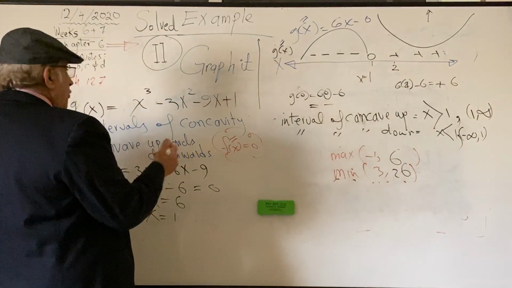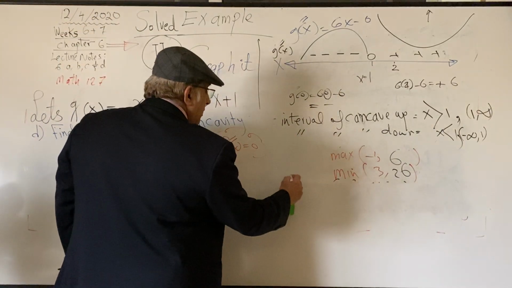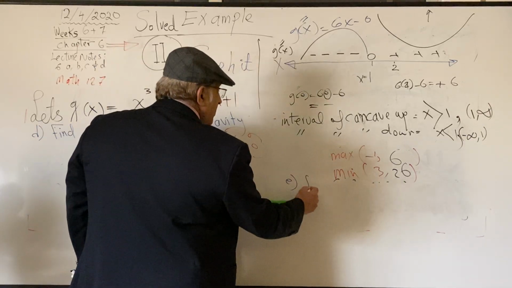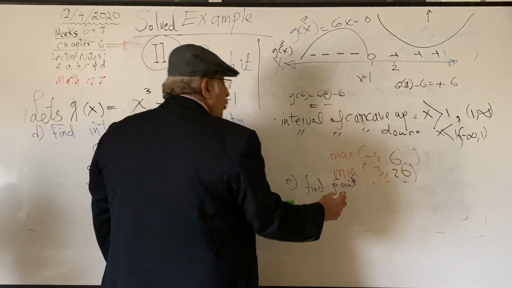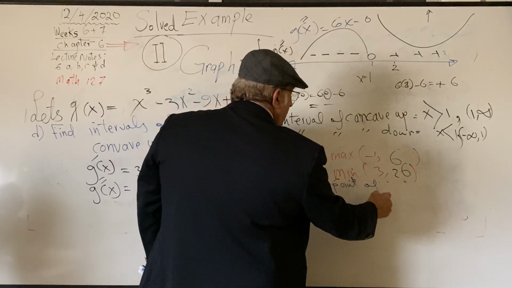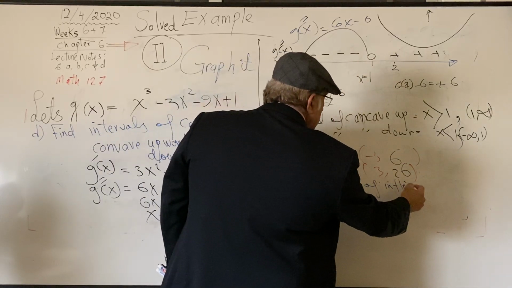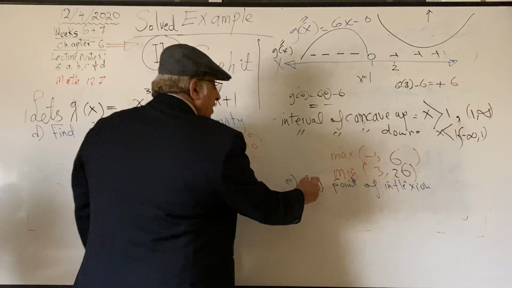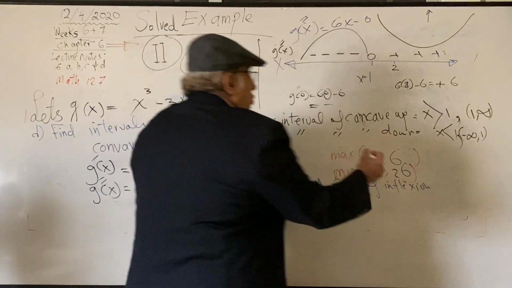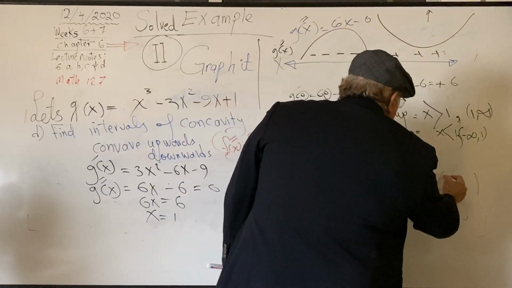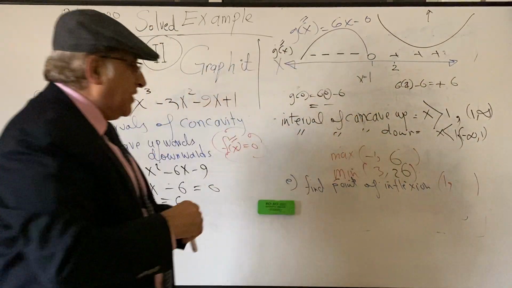My second part of the question, E, it says find the point or the coordinates of inflection. Well, the point is ready. The first one is what? It's the only one. It's 1 and something. How can I get its y?